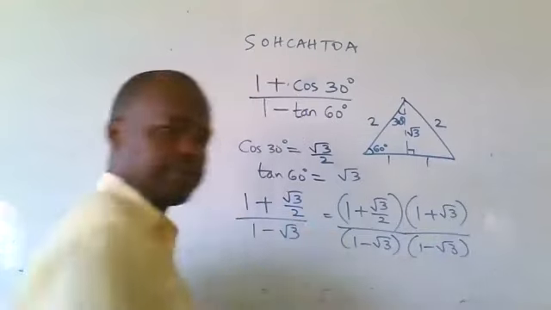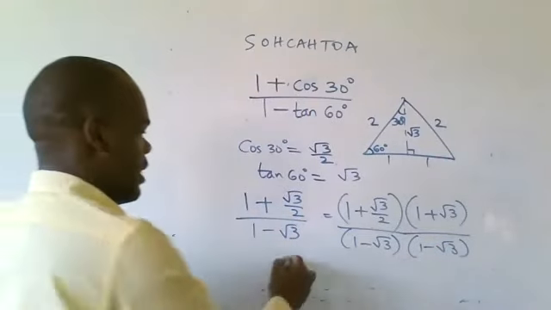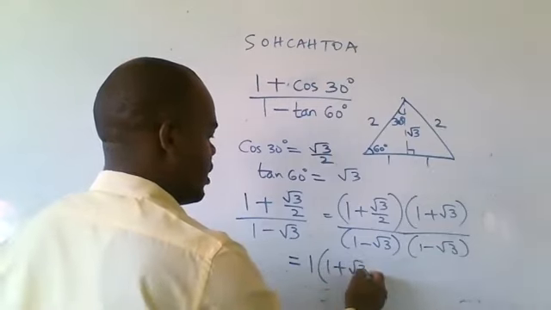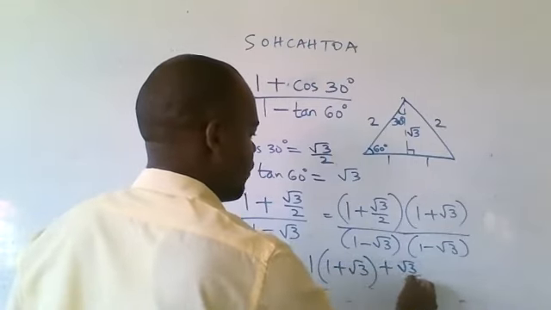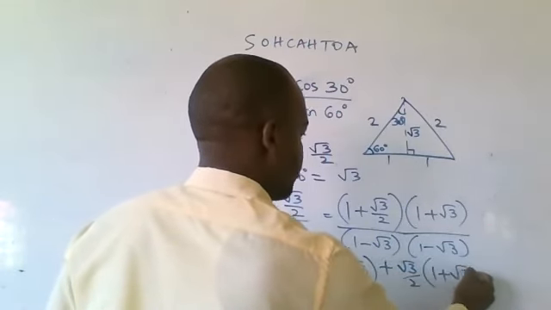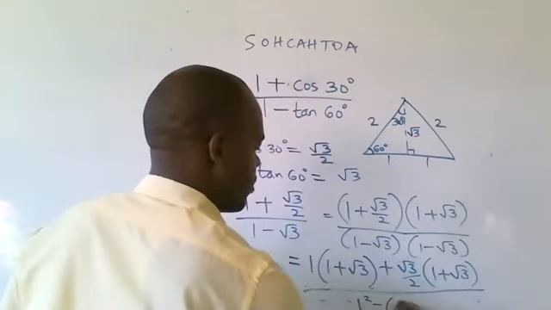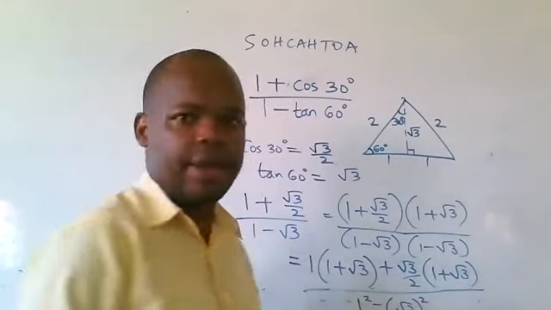Then from there, this is 1 into 1 plus square root of 3 plus square root of 3 over 2 into 1 plus square root of 3 over 1 squared minus square root of 3 squared.